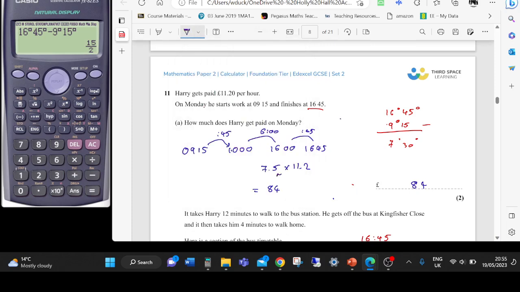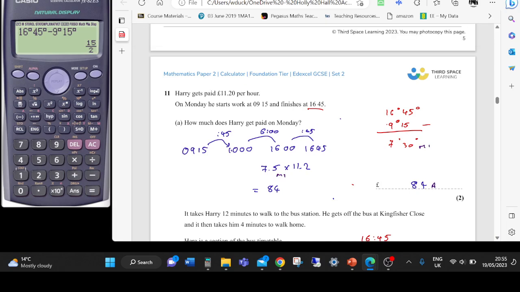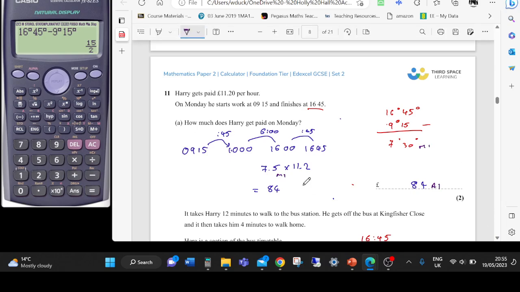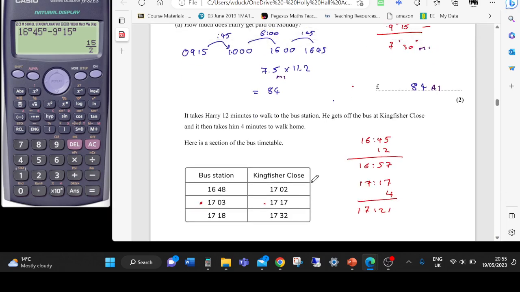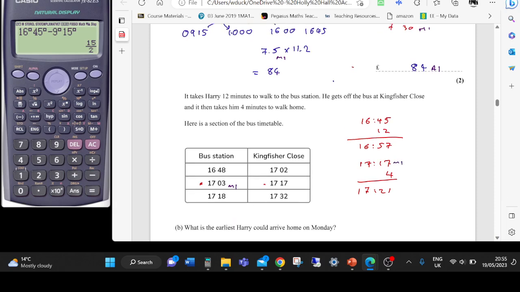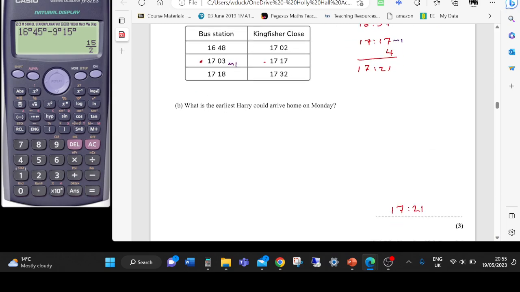So M1 for the 7.5 or 7:30, and then A1 for £84. For the second part, we've got M1 for the 703 bus identified, which I think arguably we could say is there. M1, he gets off the bus at this time, and then A1 for 17:21.